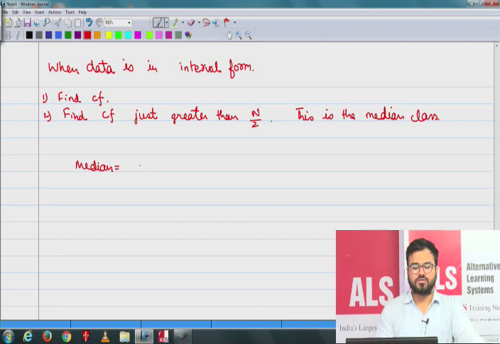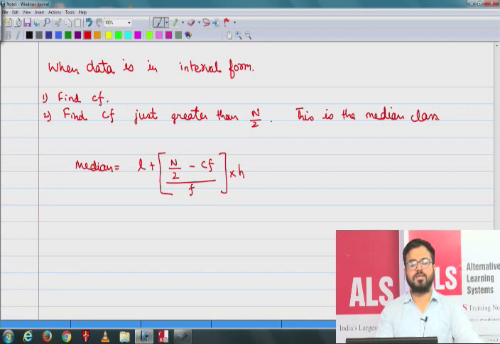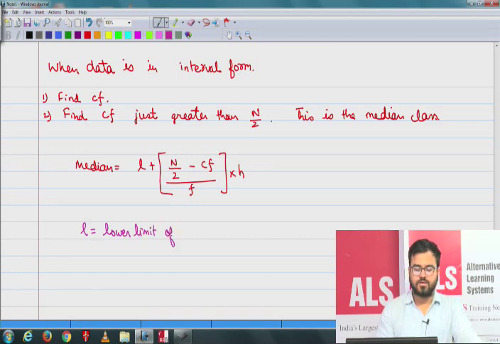Now the median is given by a formula, so note it down: median equals l plus, n by 2 minus Cf upon f, into h. What do we mean by these terms? Here l indicates the lower limit of the median class.